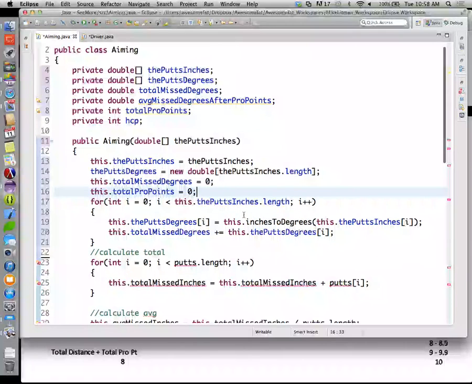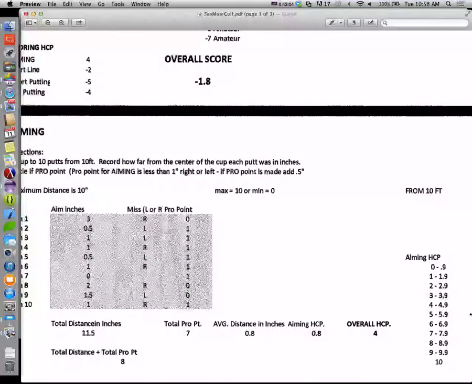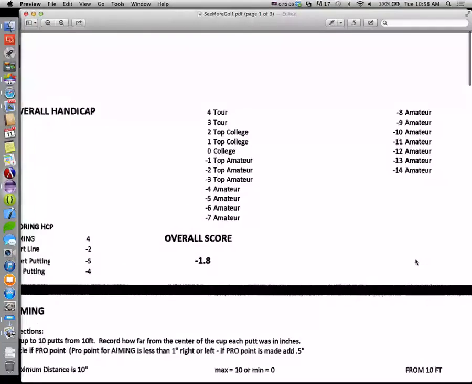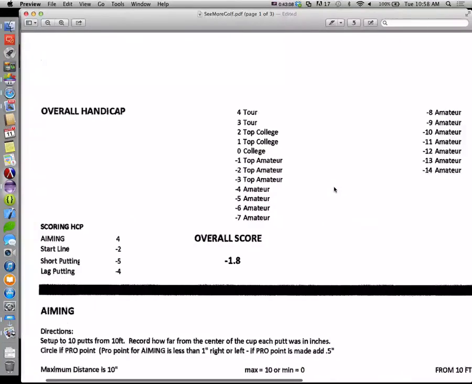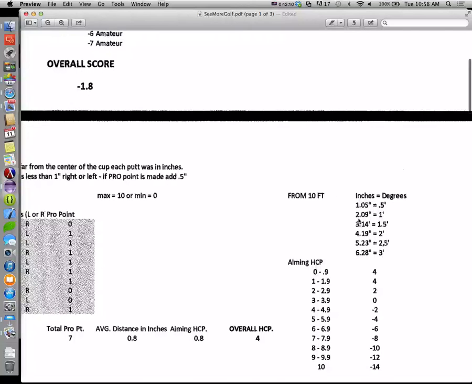Now, it appears to me, if we look at our document over here, that it's always rounding degrees. Wouldn't you agree? 0.5, 1, 1.5, 2, 2.5, 3.